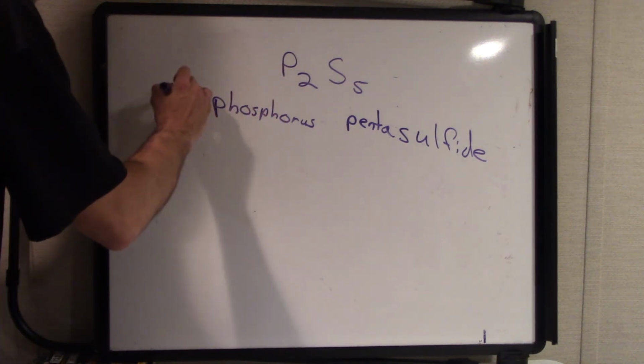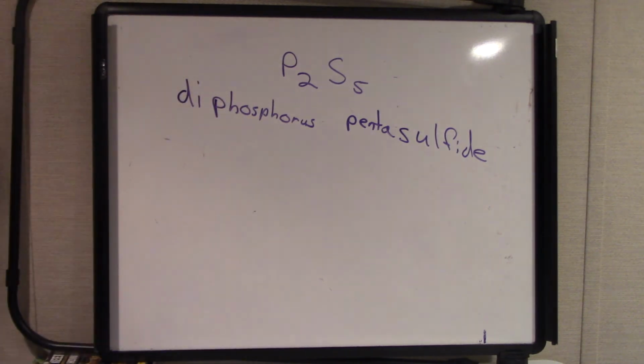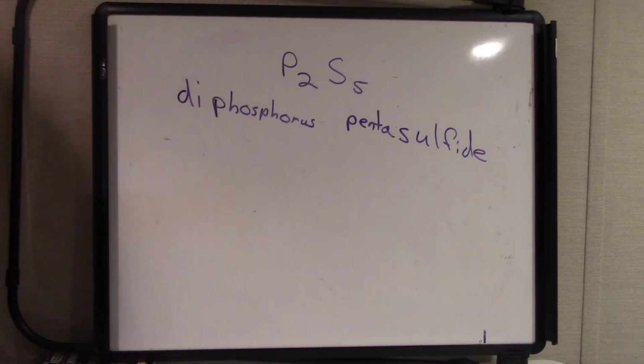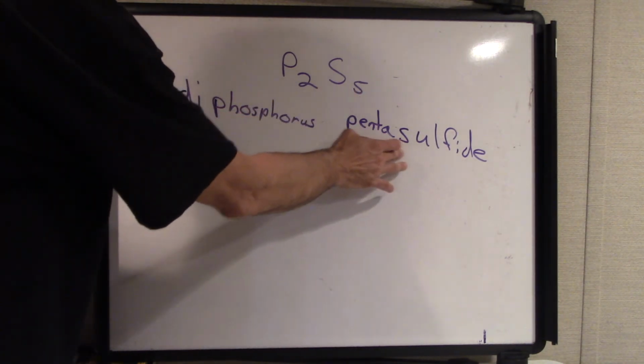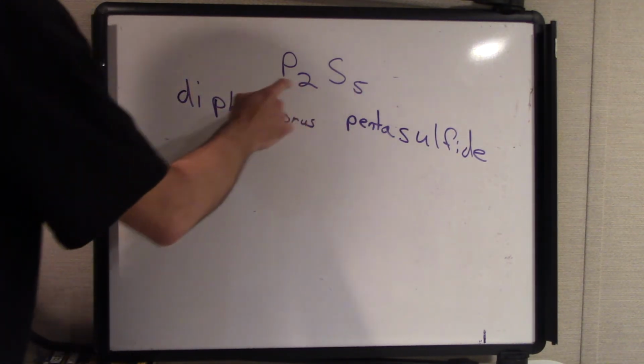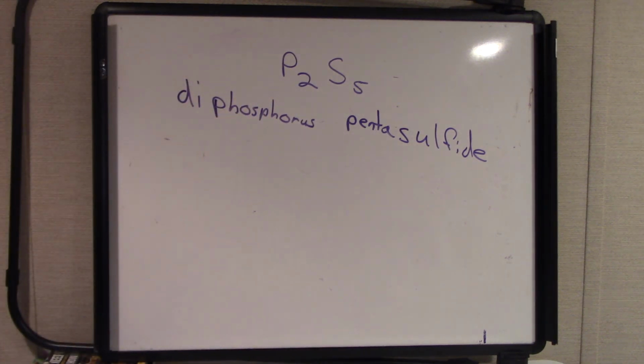The prefix for 2 is di, so I end up with diphosphorus pentasulfide for my full, complete, finished name for this. So, second element always gets that prefix. First element only if you have more than 1 of it.